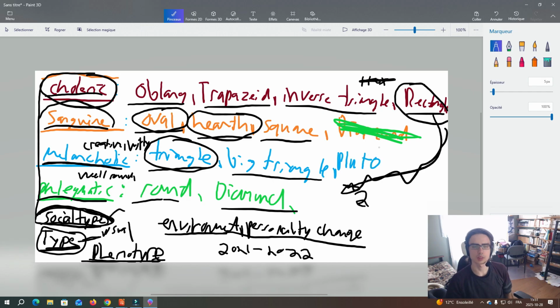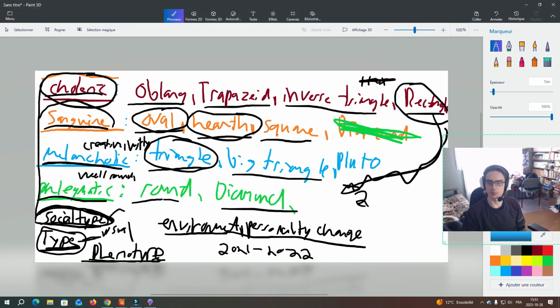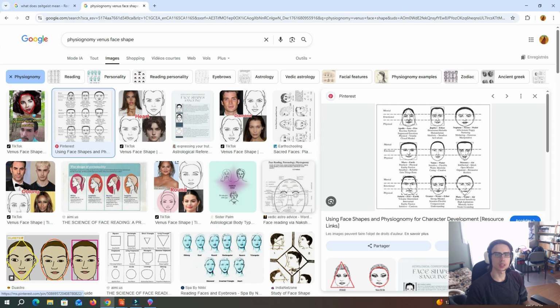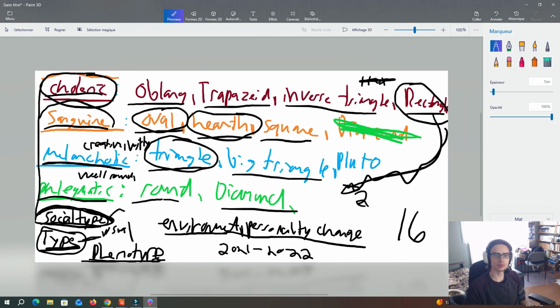I would like this to also be clean, like with time, kind of have maybe 16 of those. I know that the guy that I follow, he has 3 choleric and 1 melancholic. You could argue 2 with a big triangle.